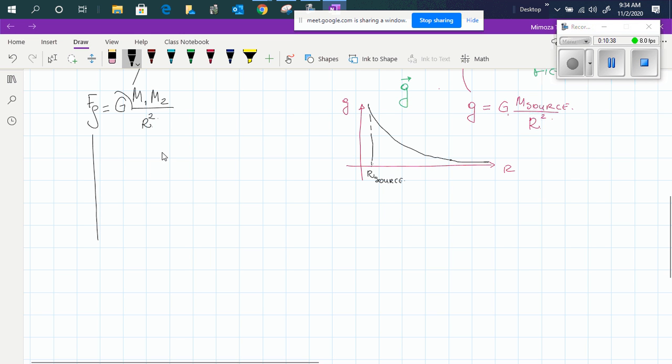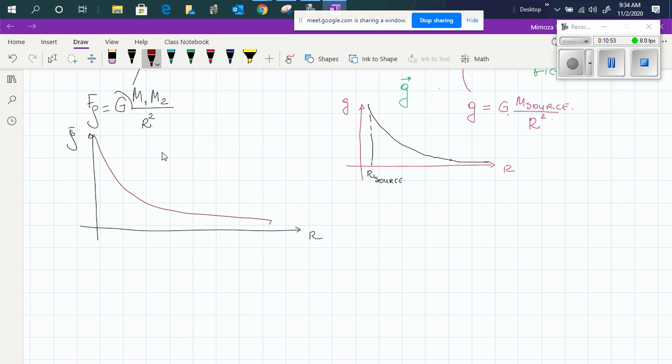Even from what we see here, the relationship between force of gravity and the distance is an inverse square, so it is like this. And in order to straighten it, what do we have to do?